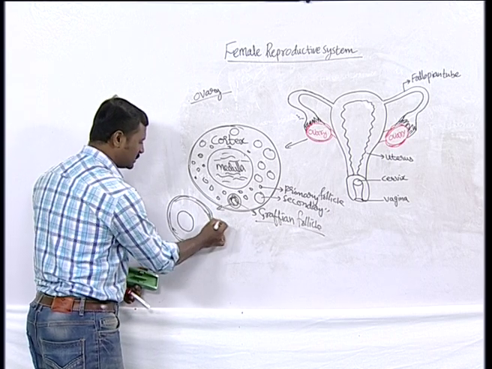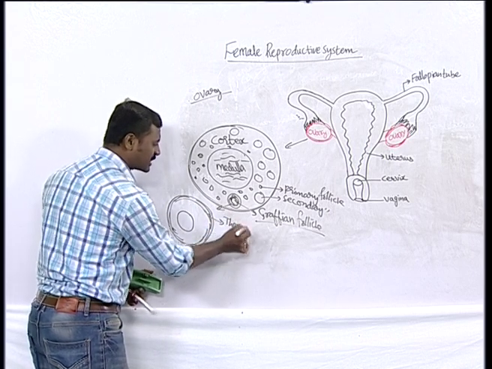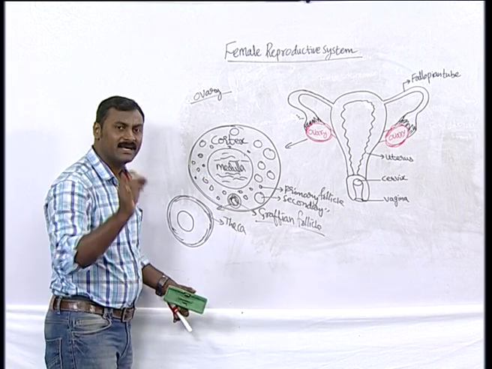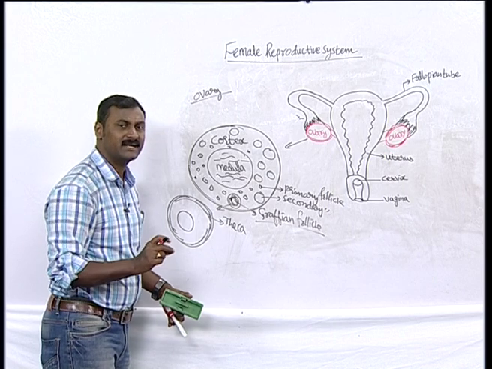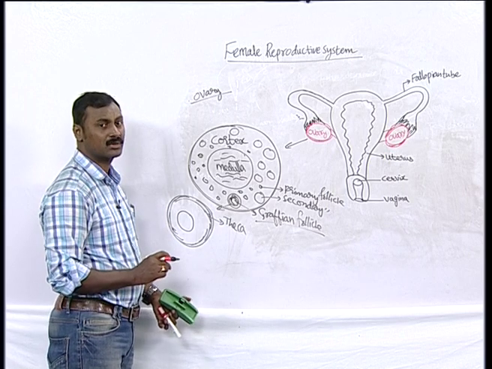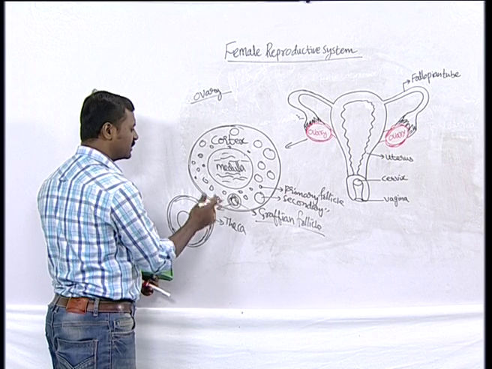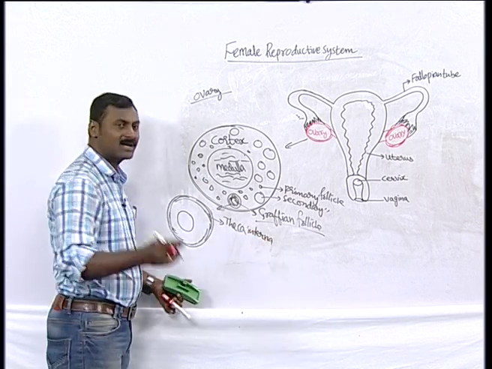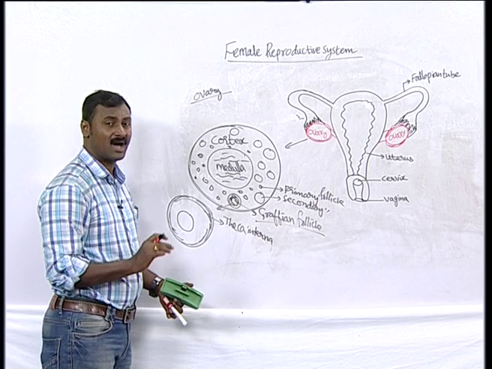What are these? This is theca externa and theca interna. Especially the theca interna releases estrogen hormone. So from the ovary, theca interna is very important because it secretes estrogen hormone.